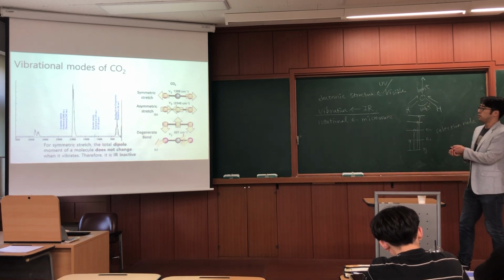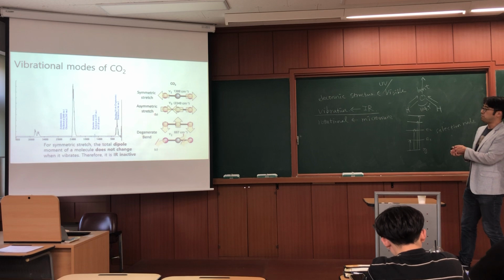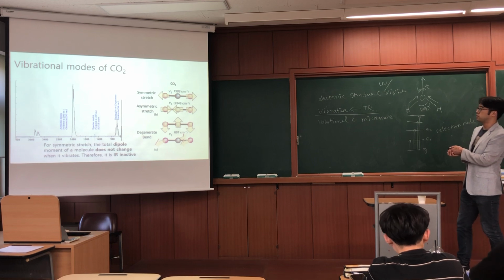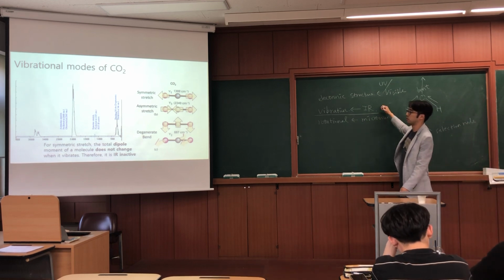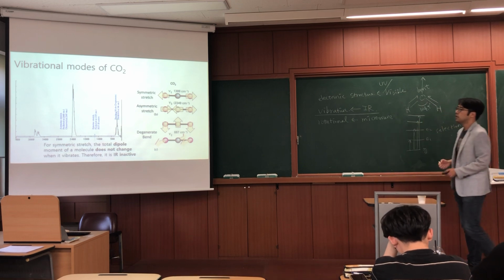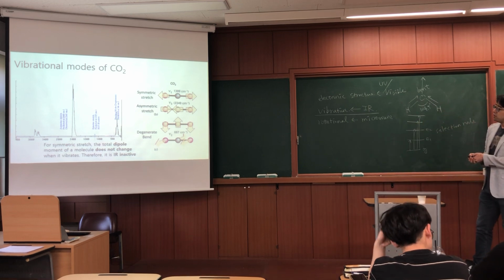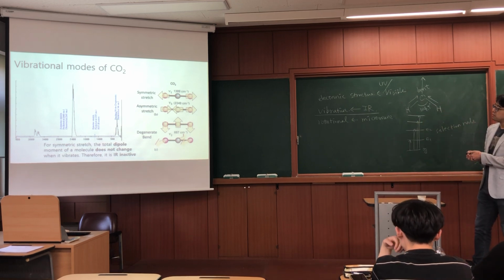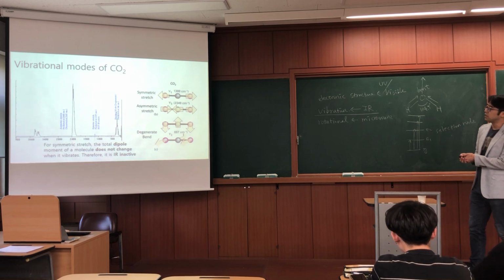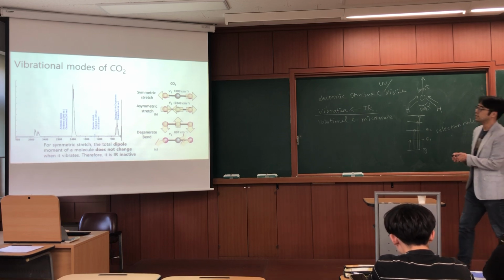When we want to measure vibrational motions of molecules, we use an infrared spectrum, infrared laser. If you take the IR spectrum of CO2, then you get a plot like this.